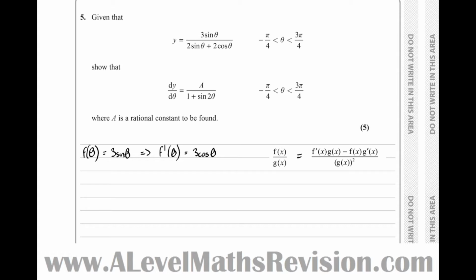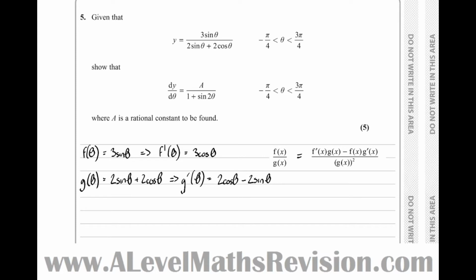Then we've got g of theta on the bottom, equals 2 sine theta plus 2 cos theta. That means g dash theta: differentiate sine, we get cos, so 2 cos theta. Then differentiate cos theta, we get minus sine theta, so minus 2 sine theta.